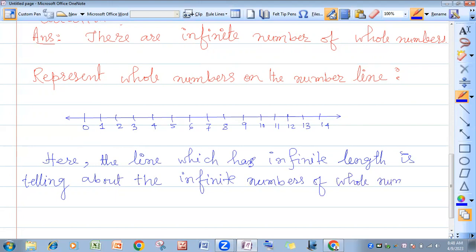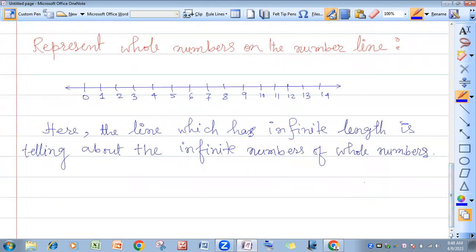And these all are the positive whole numbers.